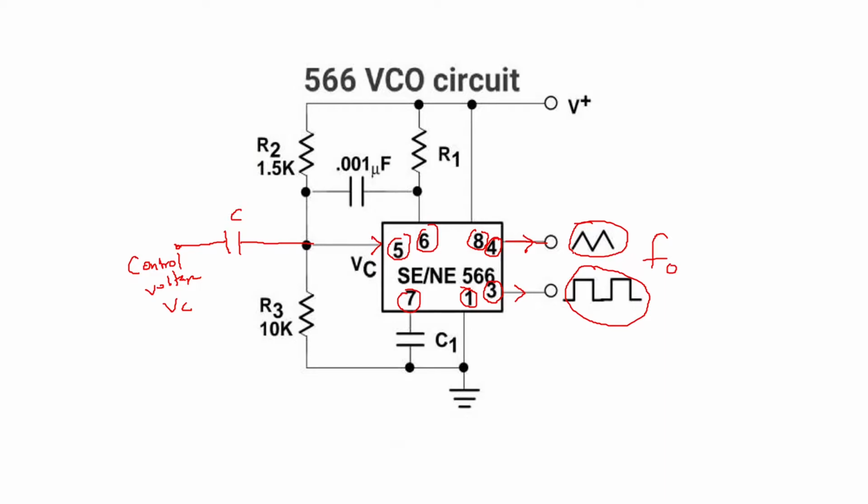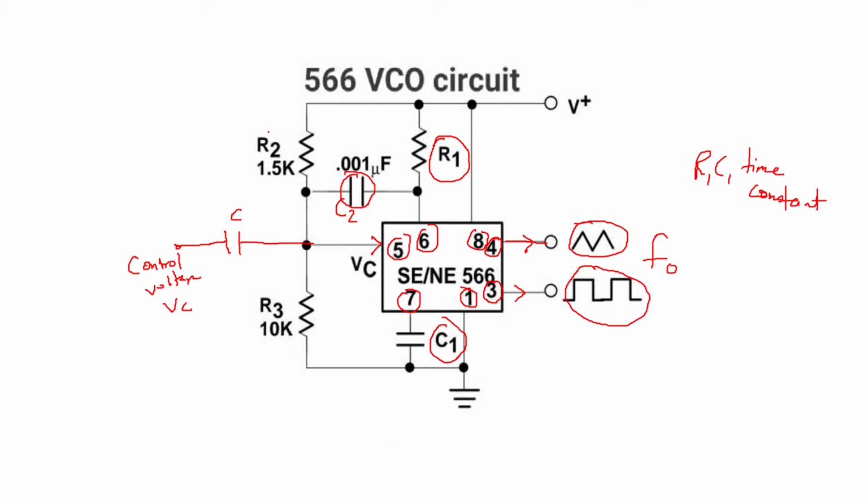Now this frequency depends upon R1 C1, that is, whatever you have connected to pin number 6, R1, and whatever you have connected to pin number 7, C1. R1 C1 is a time constant, which will decide the output frequency. Similarly, here you are going to use one more capacitor C2, which will avoid oscillations whenever the VCO is switching.